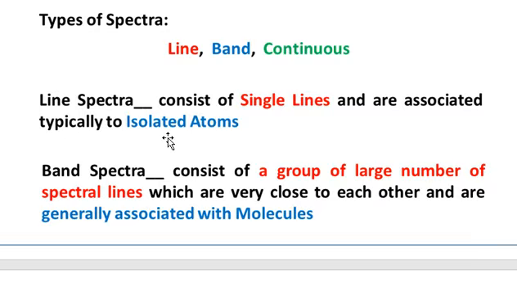So if you are investigating the electronic structure of an isolated atom, you will encounter in the spectrum only single lines associated with the structure. There could be a band spectrum also; band spectra consist of a large number of spectral lines which are very close to each other and are generally associated with molecules. So in molecules, you will simply observe the band spectra.